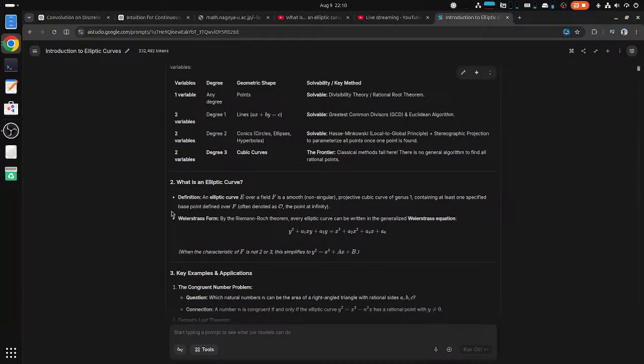If we have any spike, then it is singular. So non-singular means smooth. Then there is the projective cubic curve of genus 1. An elliptic curve E over a field F is a smooth projective cubic curve of genus 1. Genus 1 is an important terminology, and we will go through that when you ask about it.